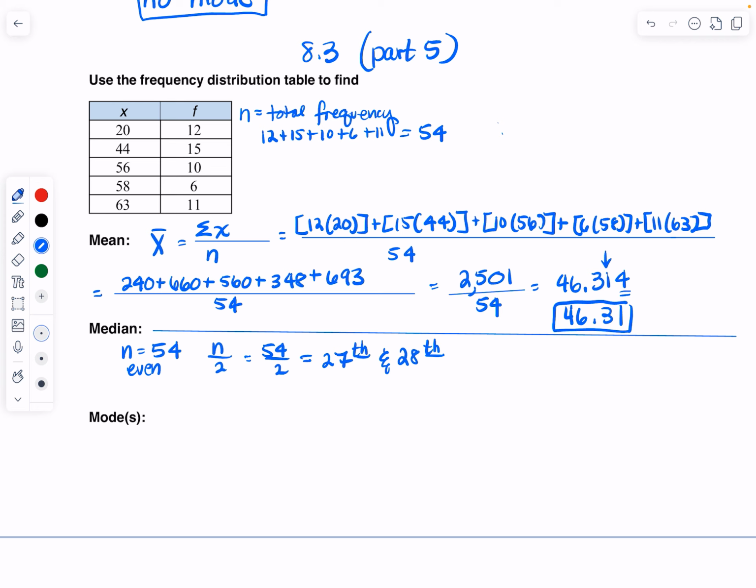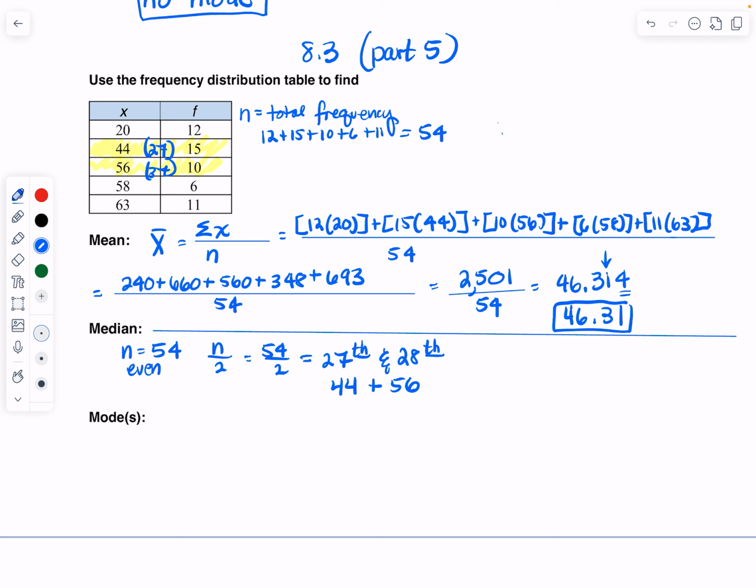In the first tier, I have 12. And in the second tier, if I take 12 plus 15, I'm going to get a total of 27. Okay, and 27 plus 10 will give me 37. So I need one value in this tier, because remember I need the 27th value, which is 44. Plus, I need the value in the next tier, because I need the 28th positional number, which is 56.